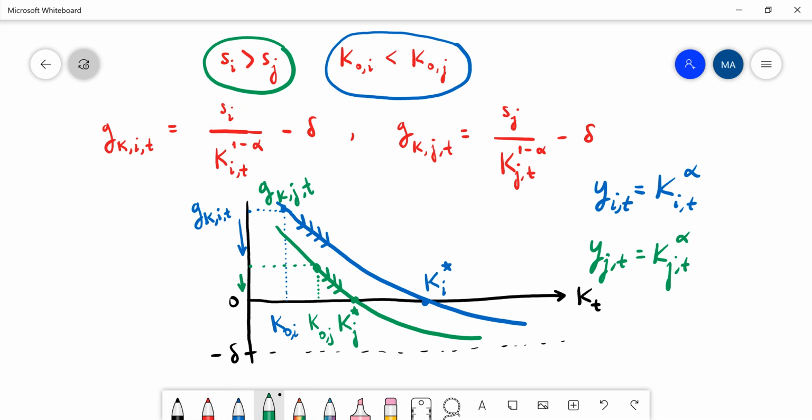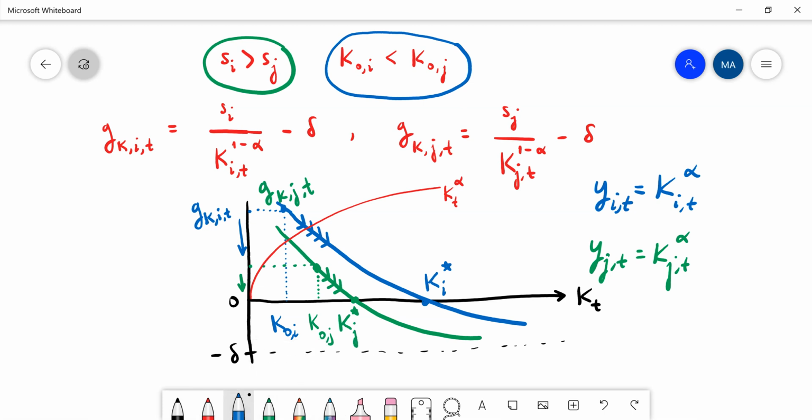I can actually overlay the production function here as well. Suppose that this is k_t to the alpha. So the GDP levels are going to be different as well.